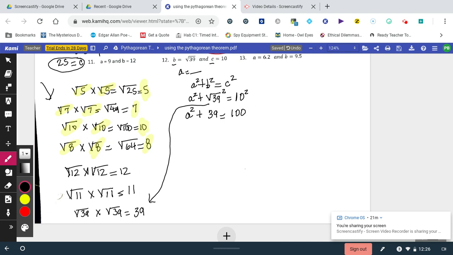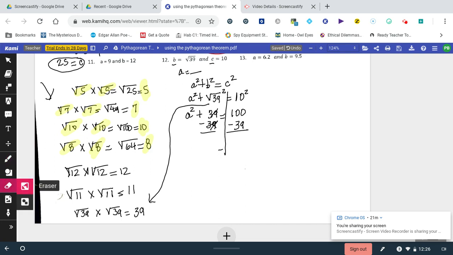All right, now if I want to get A by itself, I need to get rid of 39. So to get rid of 39, I'm going to subtract 39 from both sides. These will cancel. So I have A squared equals 61.